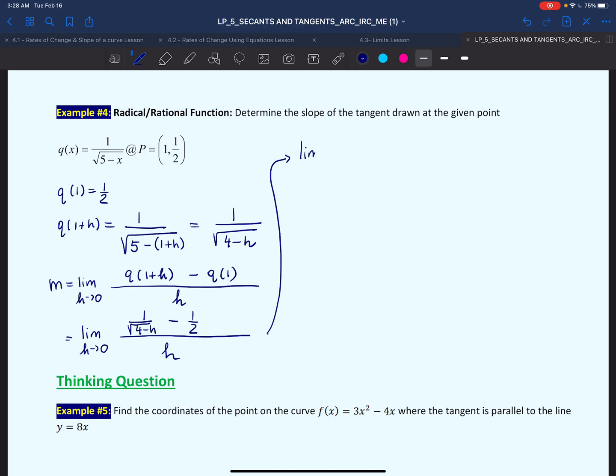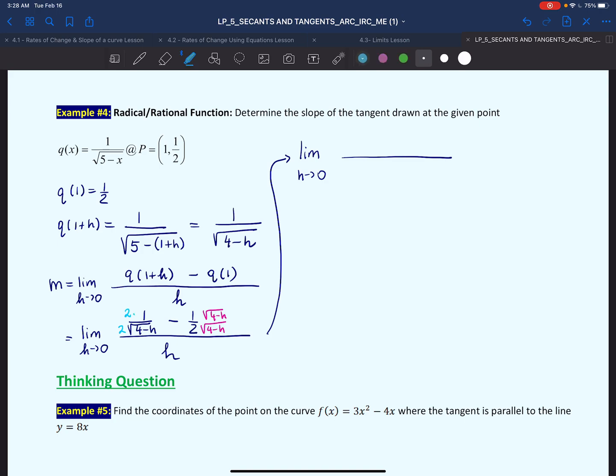That's the limit as h approaches 0. We're going to try to make the denominators the same by multiplying by root of 4 minus h, and by 2.